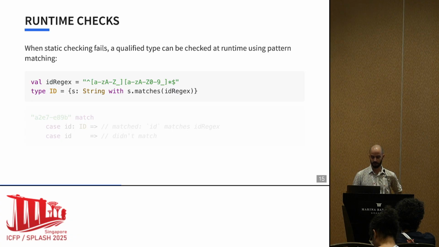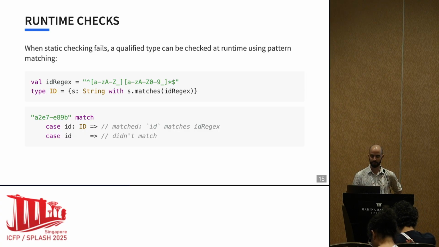So here it's a regular expression that defines what the valid ID is. Well, I can just define a type alias ID here. So it's all strings that match this regex. And then I'm able to match on that type, and that will effectively insert a runtime check, checking that my value matches this regex. And when I'm in that branch, ID has the type ID, so I'm sure it matches ID regex, okay?